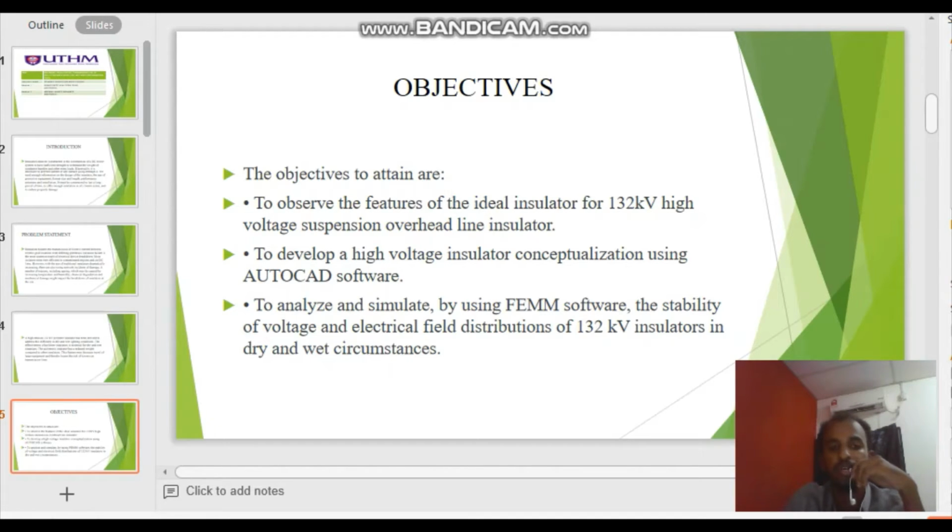Third, to analyze and simulate using FEMM software, finite element software, the stability of voltage and electrical field distribution of a 132 kV insulator in a dry and wet circumference.